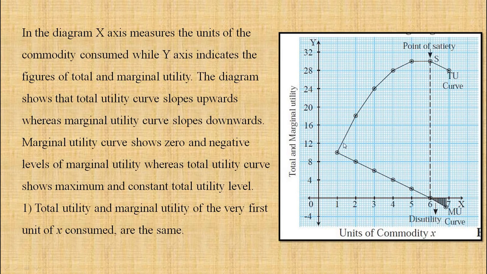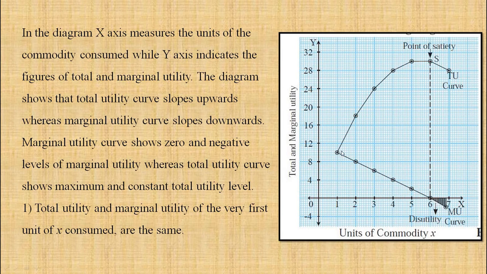So the total utility curve slopes upwards, whereas the marginal utility curve slopes downwards, because in marginal utility we have seen 10, 8, 6, 4, 2, 0, and then it goes into the negative area. The marginal utility curve slopes downwards. It shows zero utility when it is touching the x-axis, and after that it becomes negative.